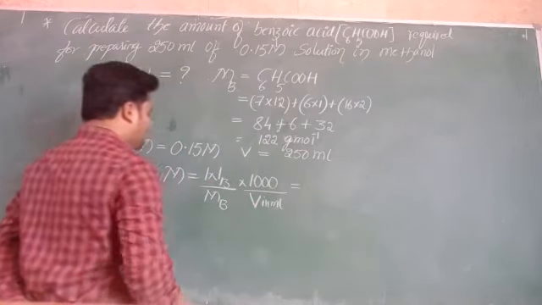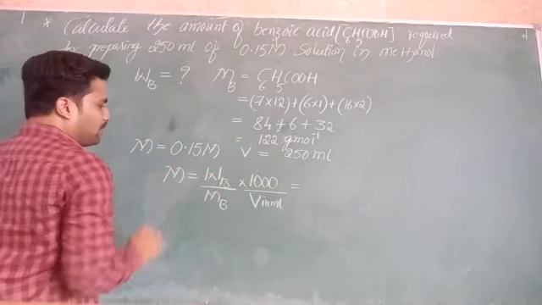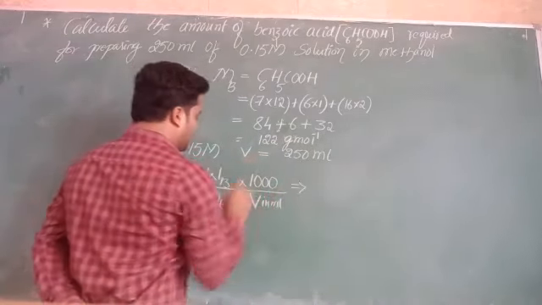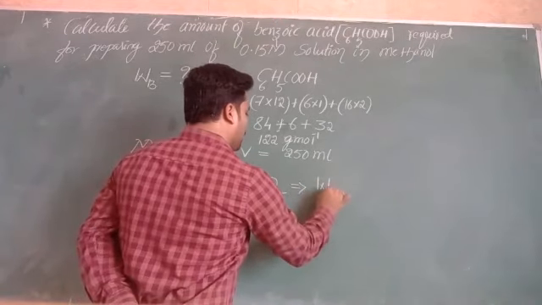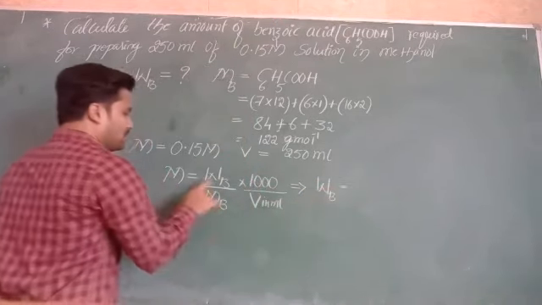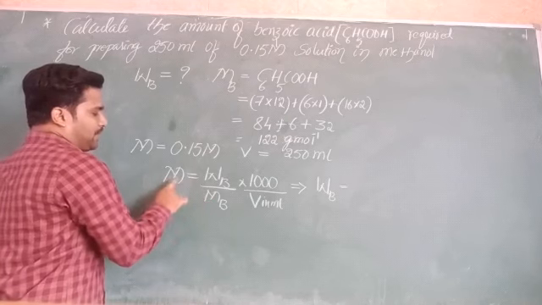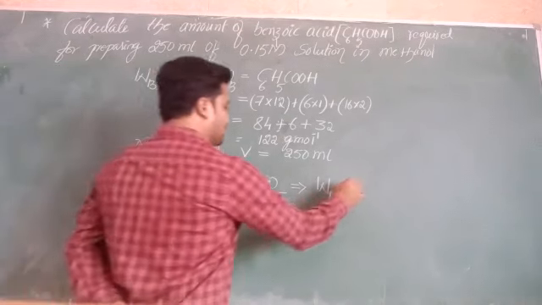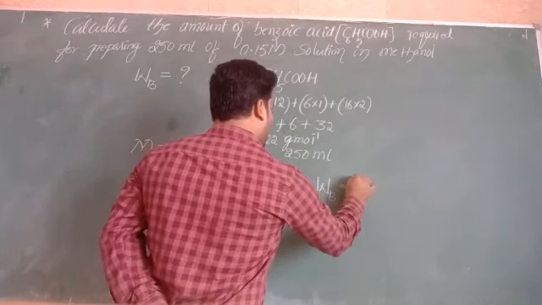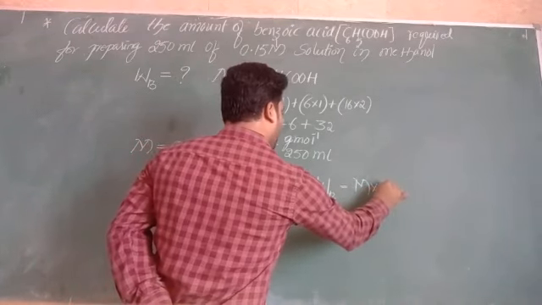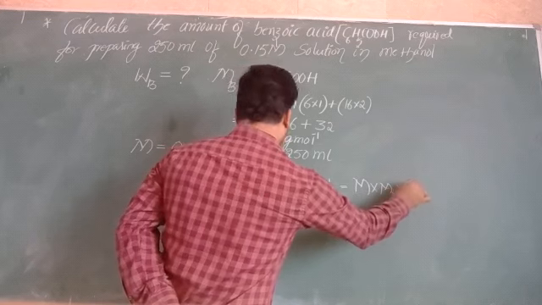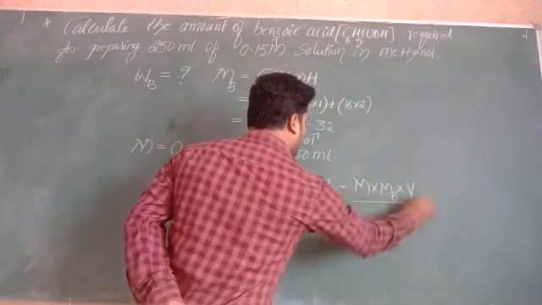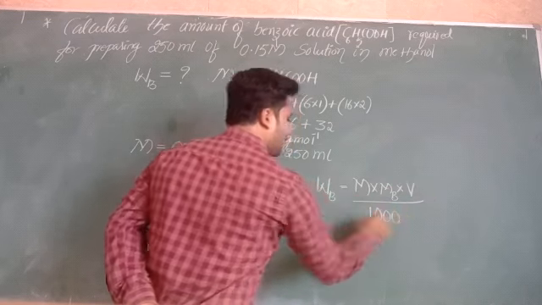So here you need to calculate WB, so we need to alter this equation: WB is equal to M into MB into V divided by 1000, that is molarity into molar mass of solute into V in ml divided by 1000.